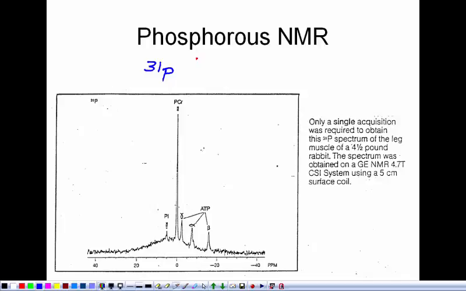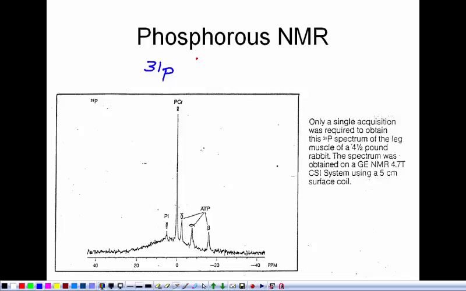But this is like a 20-year-old spectrum where they basically took the leg muscle of a rabbit, and I think the rabbit was still in contact with its muscle. And what they did was they put the rabbit inside of a magnet, and then they had a coil on the skin. That's how it applied the radio frequency, and it had the detector and everything in it.